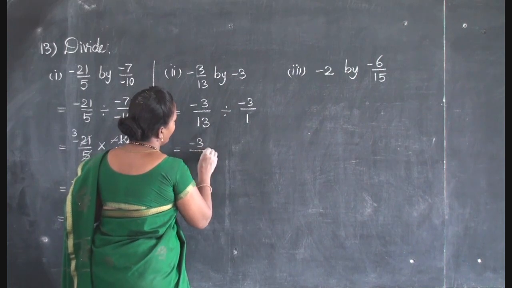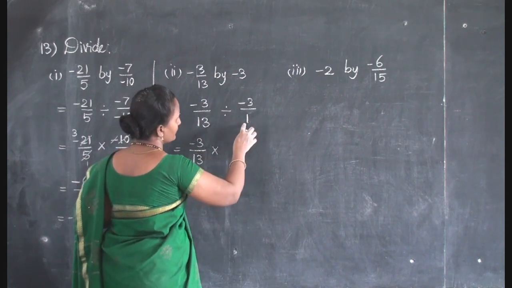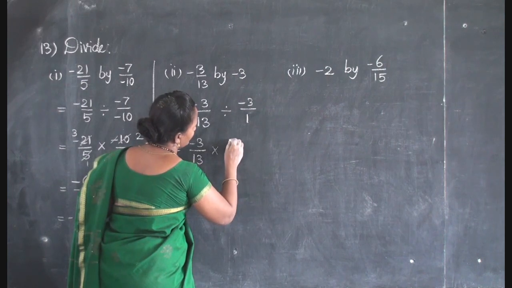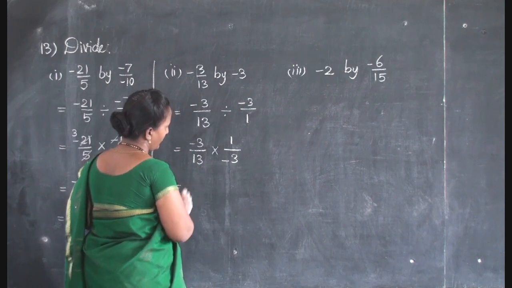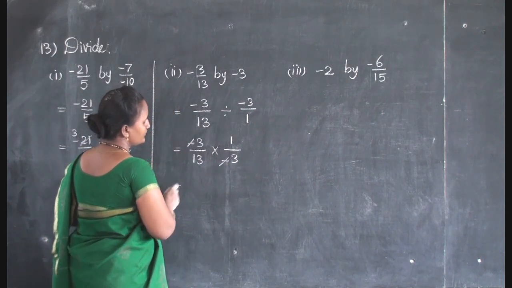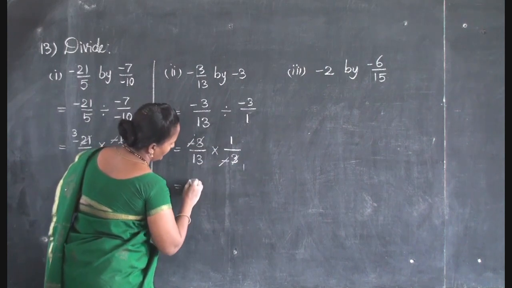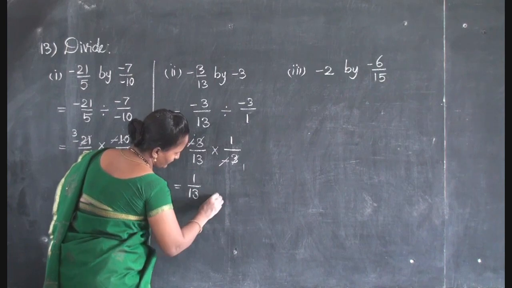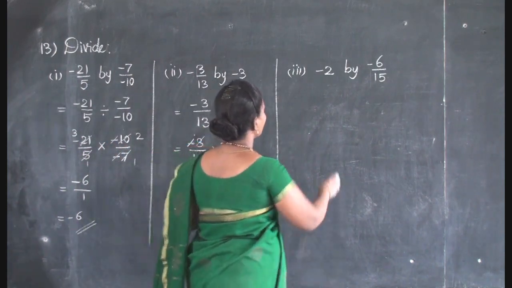Now I change the symbol to multiplication, so take the reciprocal: 1 by minus 3. Now minus cancels and 3 and 3 cancel. Balance 1 by 13 is the answer. Next one.